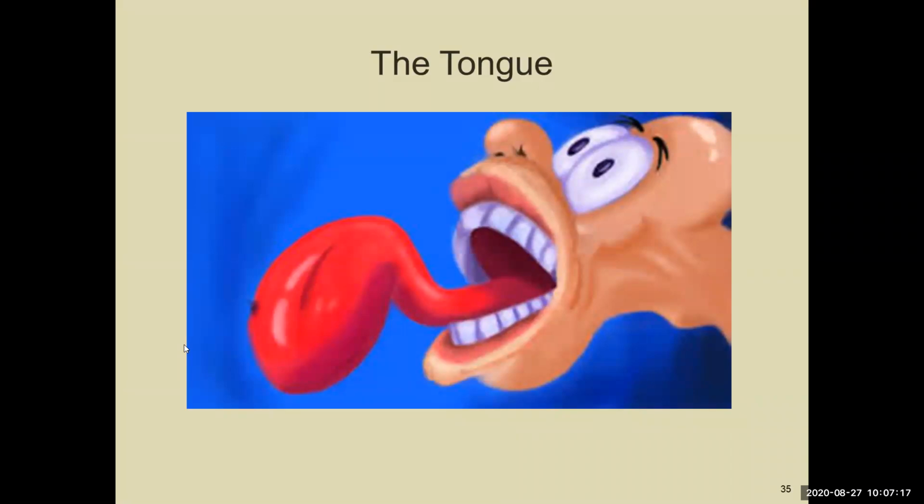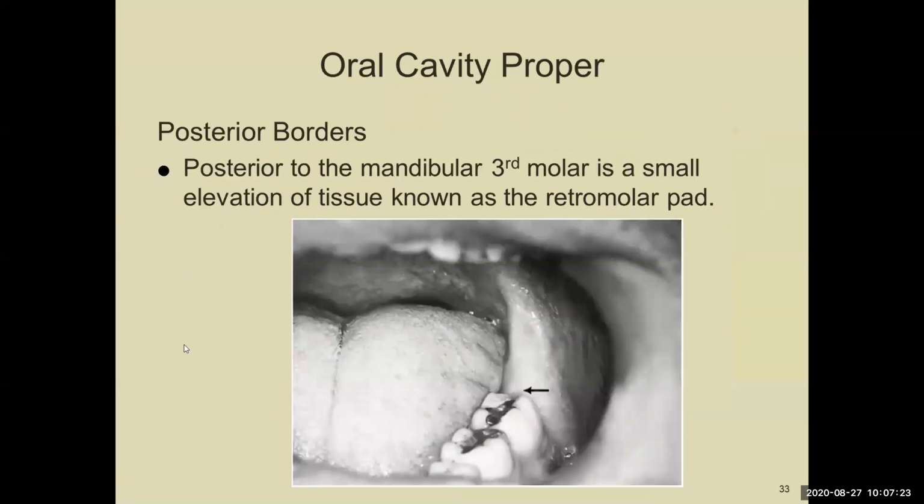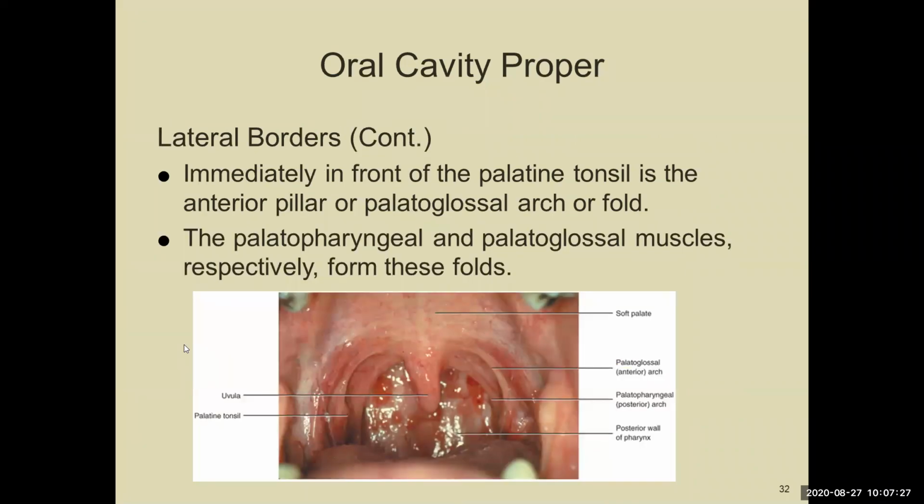Could you go back to that one picture of the tonsils? I know it points out the tonsil on the left side. Could you also point it out on the right side with your mouth? We don't see it on the right. Oh, okay.